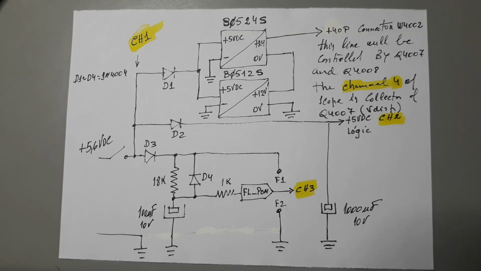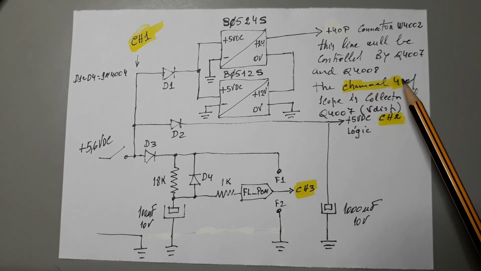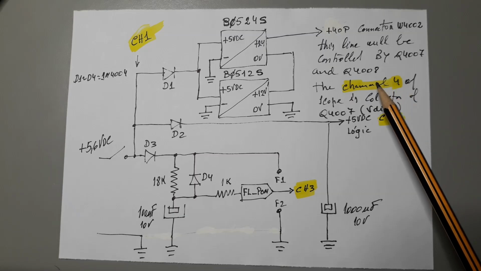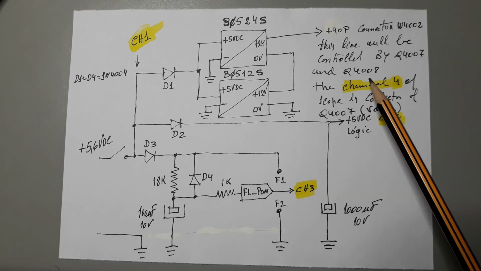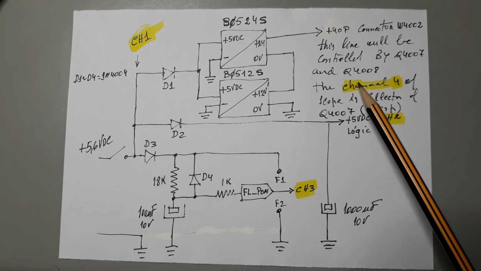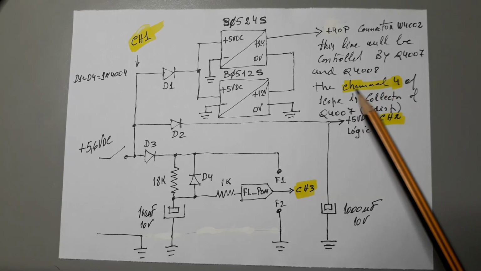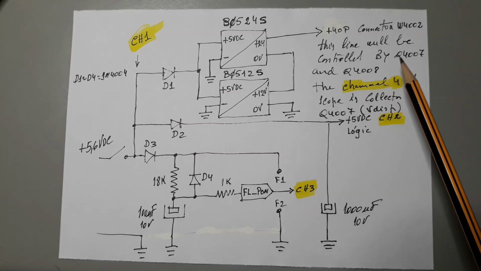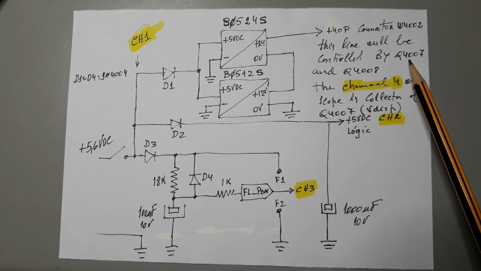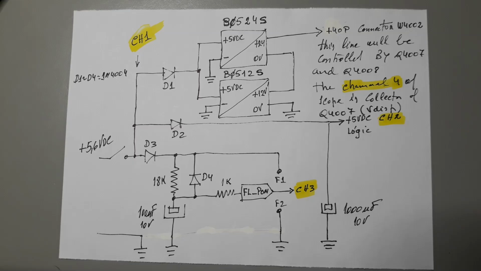And channel 4 is connected directly to the pins of the driver marked as VDISP, or the same, to the collector of the Q4007.